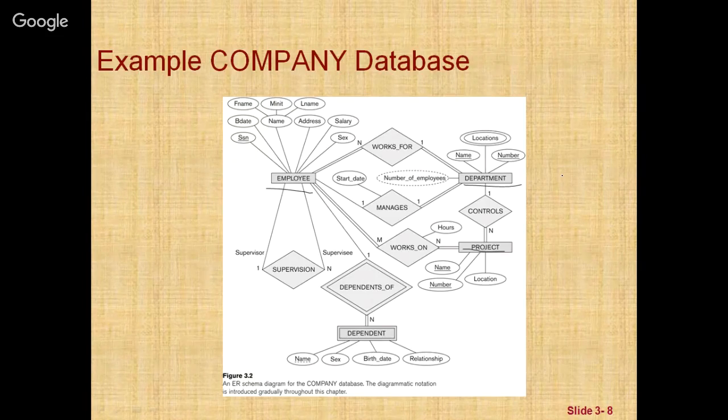A department may have several locations. A department controls a number of projects, each of which has a unique name, a unique number, and a single location. The department controls, we have shown here.